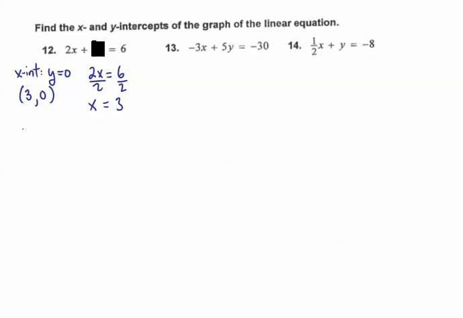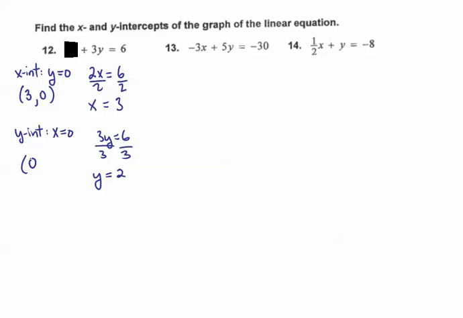For the y-intercept, x is equal to 0, so we're going to cover up the x term, and when we do that, we're left with 3y equals 6, divide by 3, and we get y is equal to 2.